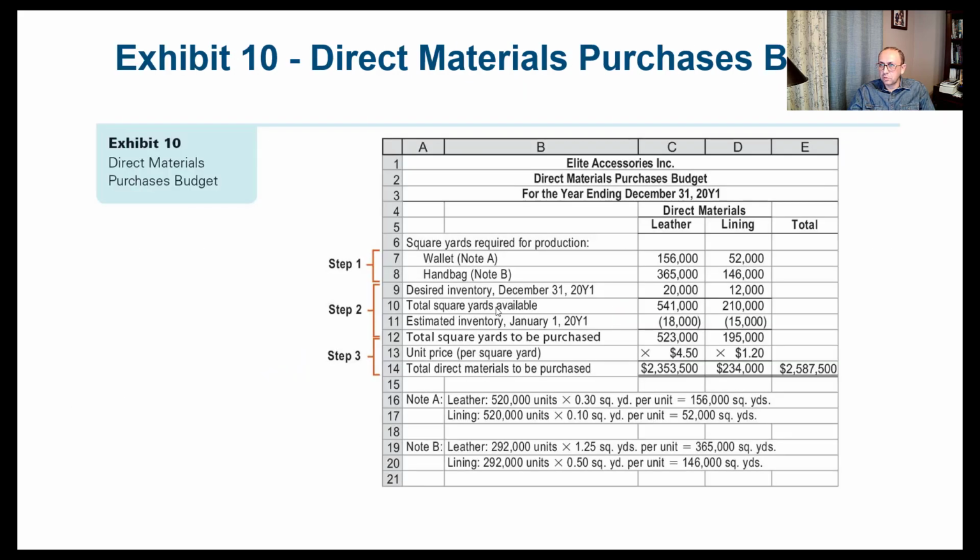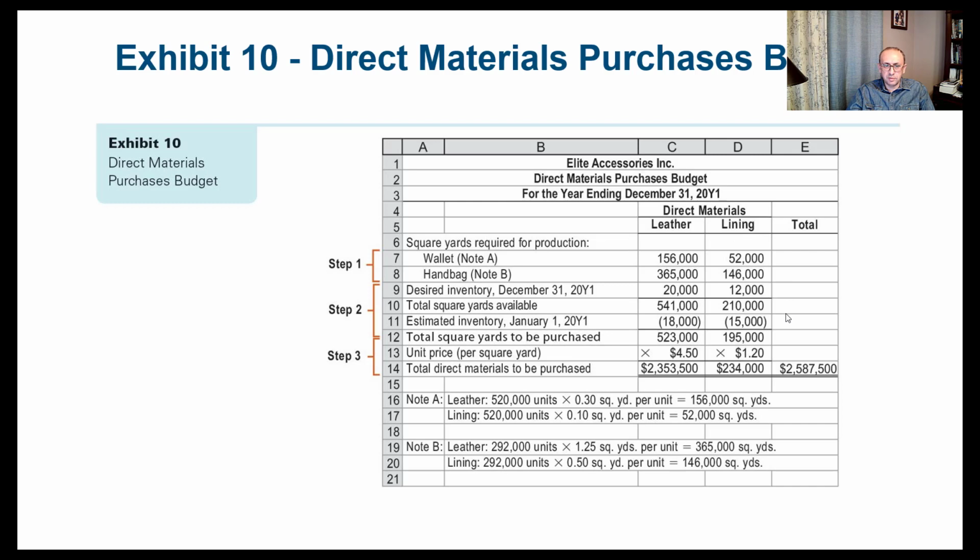And that will give us the total square yards available, 541,000 for the leather and 210,000 for the linings. And then we subtract the estimated inventory at the beginning of the year. And that's 18,000 for the leather and 15,000 for the lining. So that would give us the total square yards to be purchased, 523,000 and 195,000 for the leather and the lining respectively.